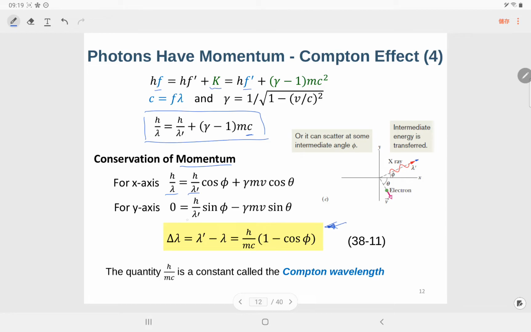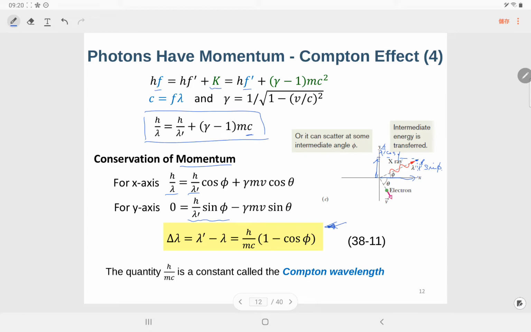And for the y-axis, it should be somehow like h over lambda prime times sine theta, because this one is sine theta, this is sine phi, this is cosine phi. This should be h over lambda prime. So it is separated into x-axis component and y-axis component, like what you do in mechanics class.